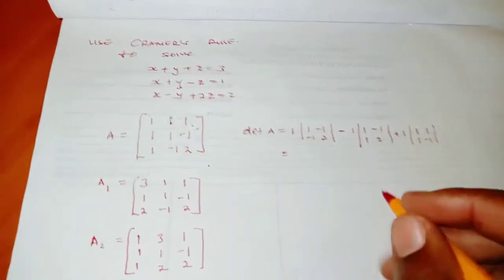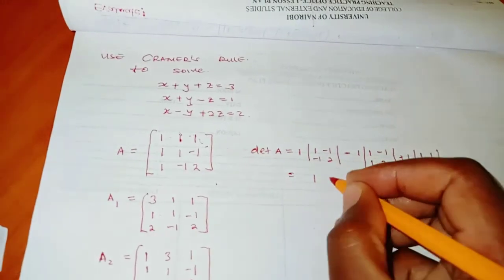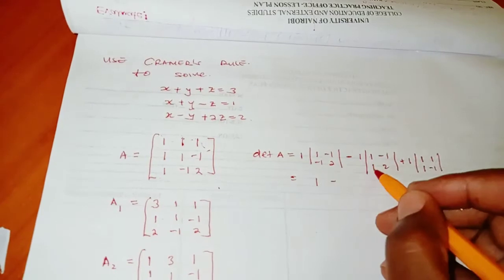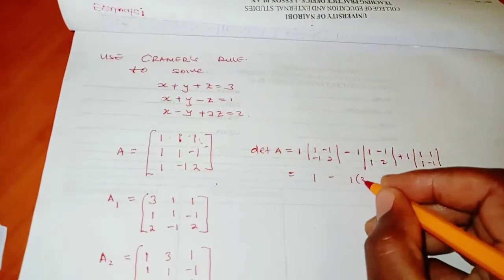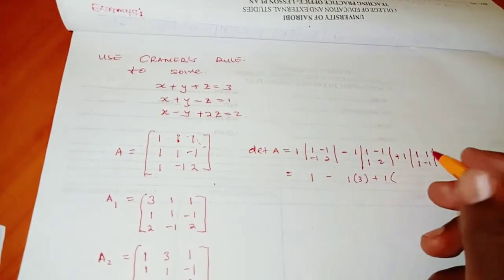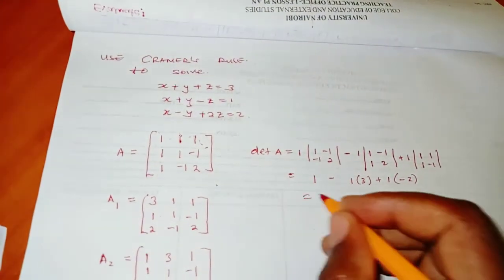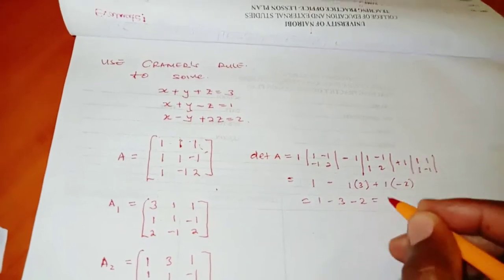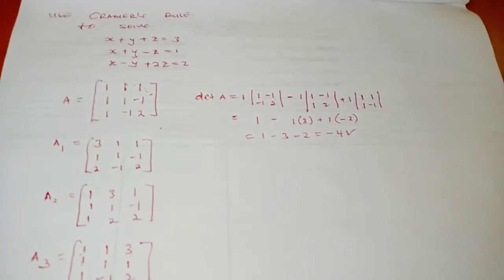The determinant of the first one is 1 times 1 is 1, minus 2 is negative 1, hmm, so 1 times 1 minus 2 times 1 is 2, no: 1 times 1 is 1, minus, 2 minus 1, that's a 3, so 1 minus 3, plus negative 1 minus 2, that's minus 2, so this gives me 1 minus 3 minus 2, which is minus 4. So that's the determinant of the first matrix.